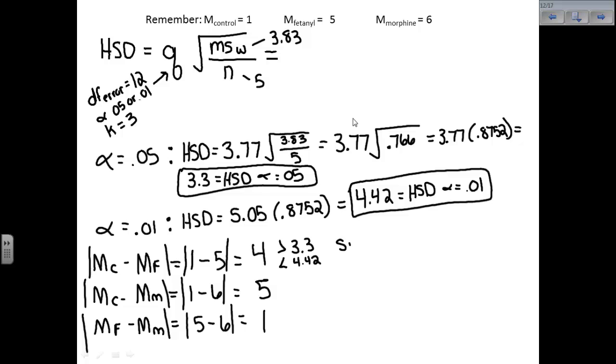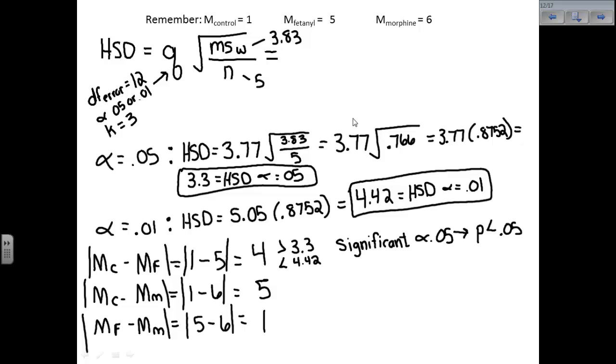So significant, but it's not significant with an alpha level of 0.01. So we could say, if we were thinking about, remember, p-values from lab, p is less than 0.05, but not less than 0.01. So there's less than a 5% chance that the difference between the control group and the fentanyl group is just due to random differences and not due to which drug was received.